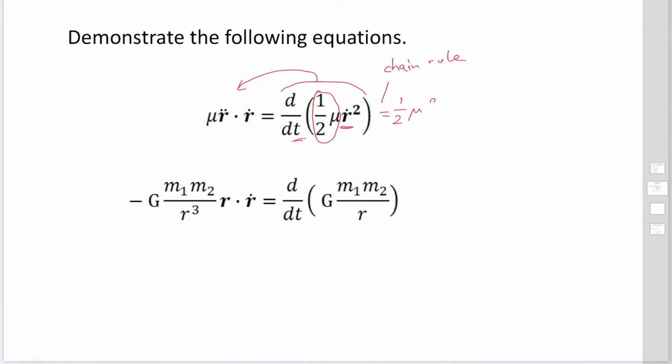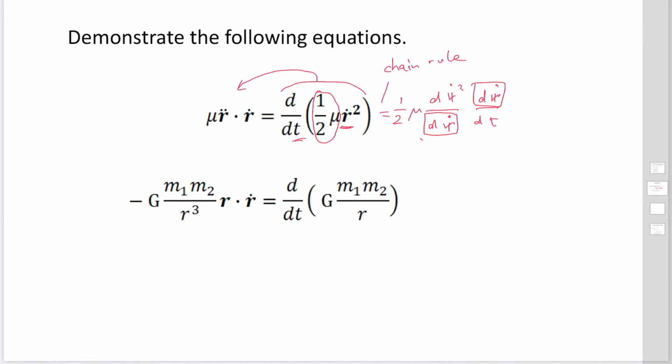Then the chain rule: d of r dot squared, d r dot, d r dot dt. So chain rule. We introduce a d r dot in these equations.